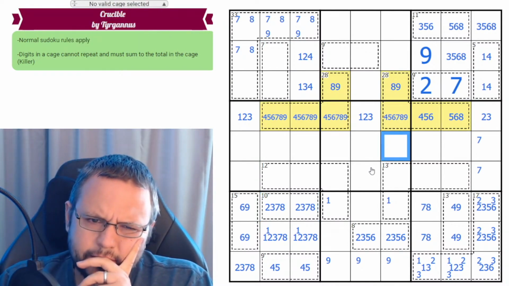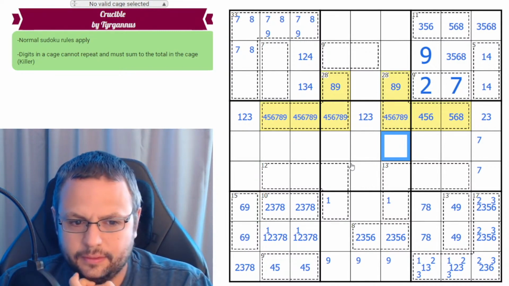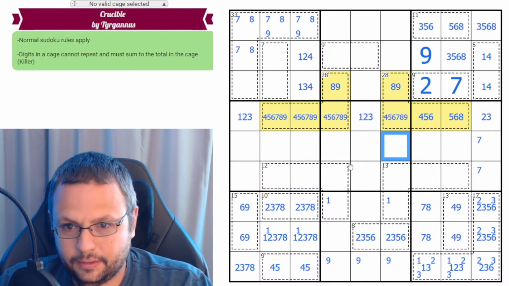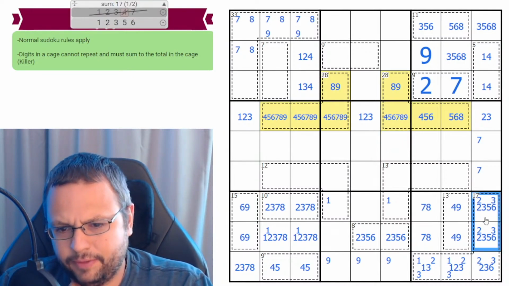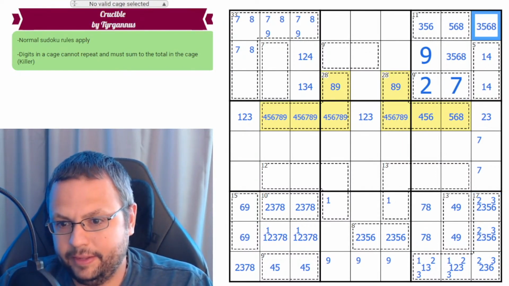I don't quite see what to do with that. Let's see. One of these two has to be a 5 is interesting. So it means this cell can't be a 5 at least.